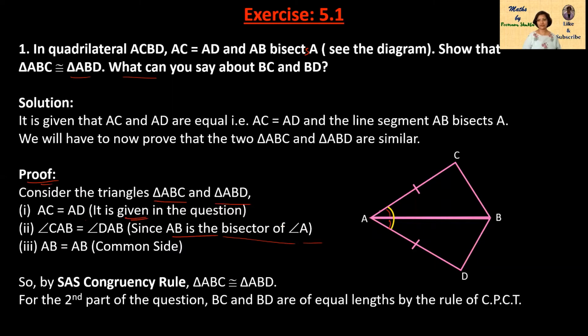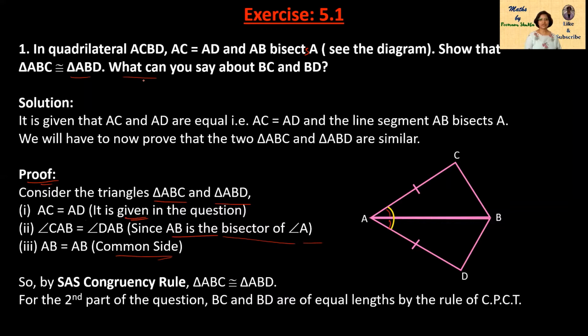Why? Because AB is the common side for both the angles ABD and ABC. So these will be equal because this is a common side. So now by the SAS congruency rule, we can say that triangle ABC is congruent to triangle ABD.